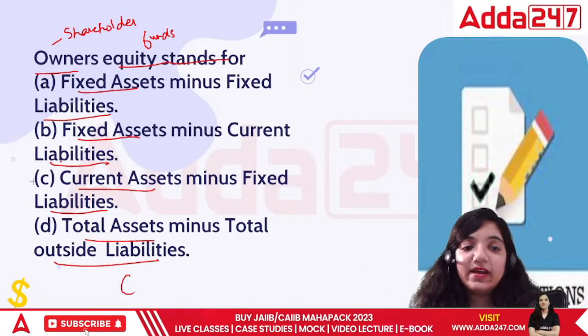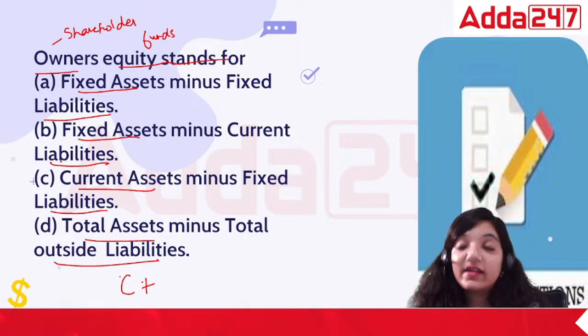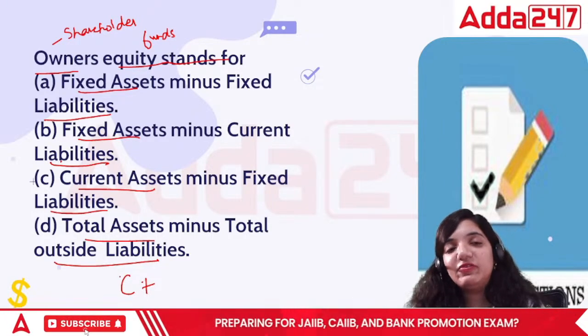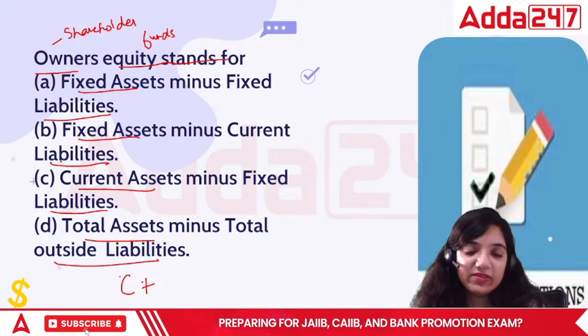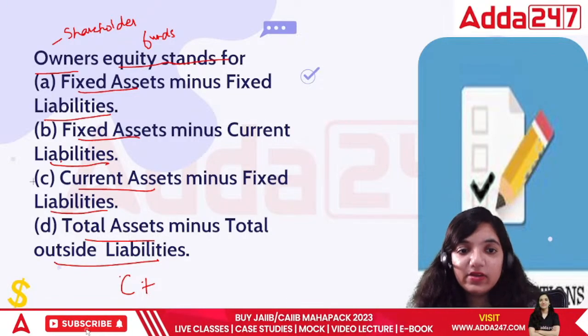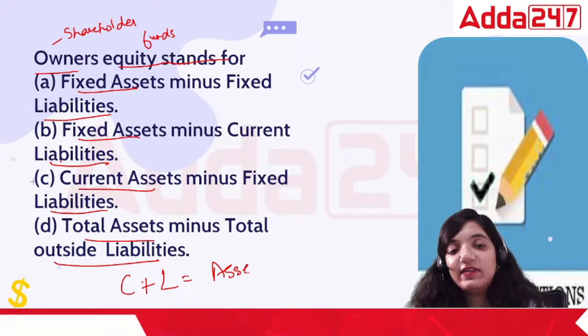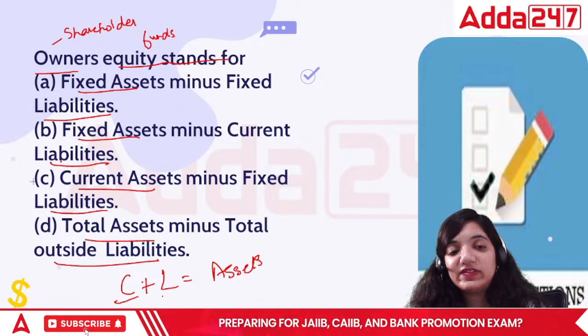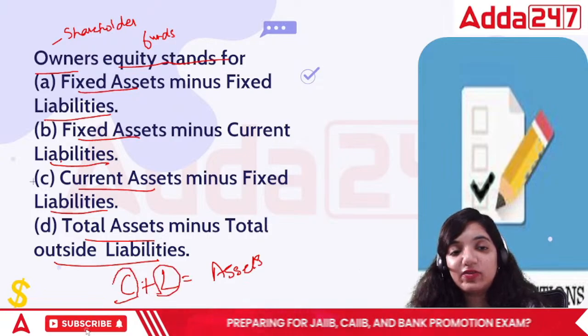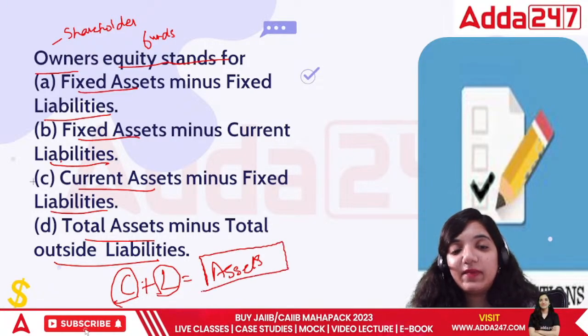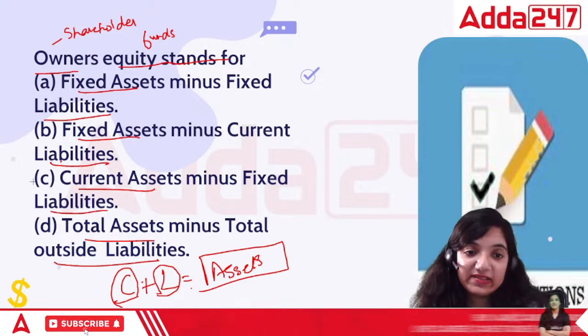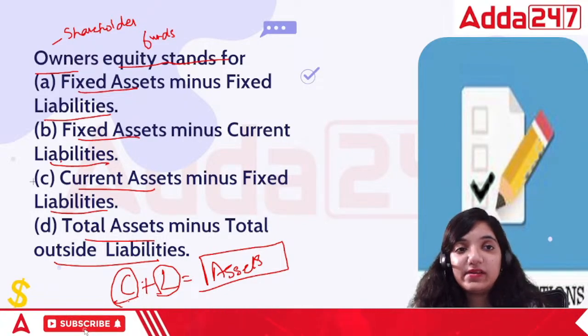As I told you, current is basically something which is within a year, and non-current is something that is there for more than one year. So capital plus liabilities is equal to assets. Whenever I put my own money into the business, I ask someone else to put their money into the business, and that is how I build up my assets. So capital is the first thing.